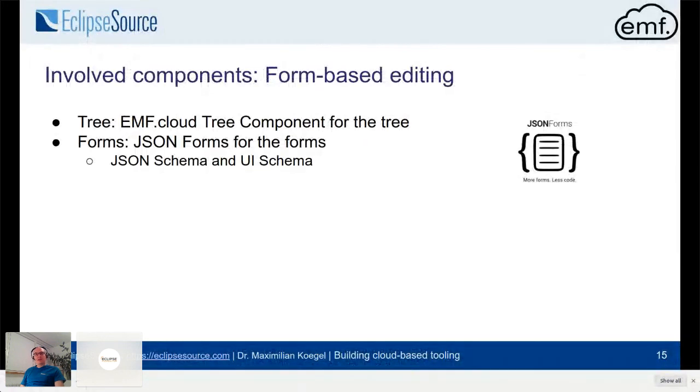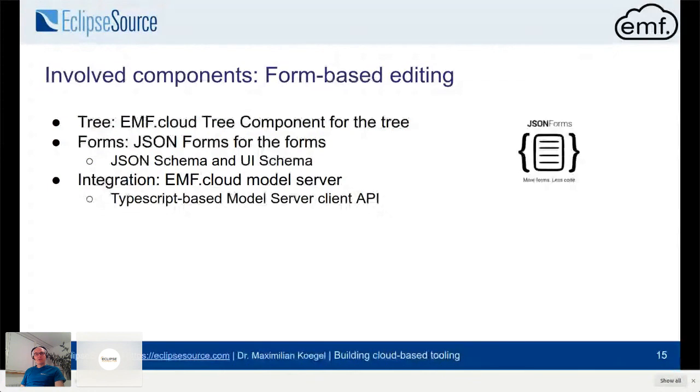So it gives you a declarative definition, and it renders that, in this case, with a React-based renderer. The form-based editor is then integrated with the EMF.cloud model server using its TypeScript-based model server client API, so that the editor can first load the model and subscribe to changes of the model, and also issue commands whenever you type something into one of the controls.